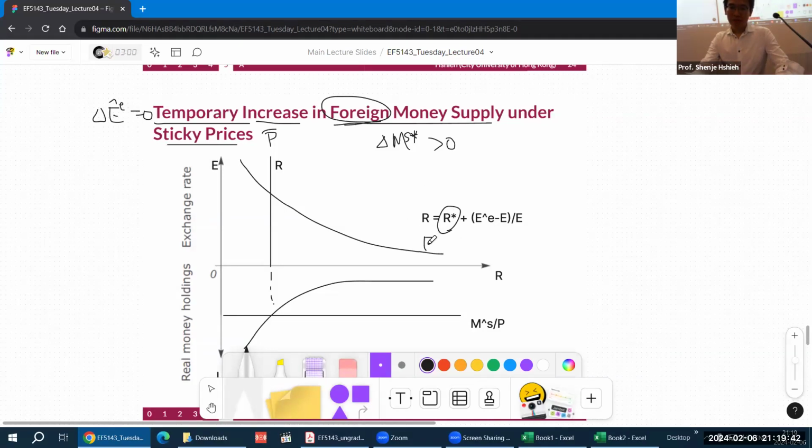We note that if R star is now lower, then R star prime plus the expected change in E has to be restored to parity. That's only possible if this term is larger, and that's possible if E goes down. So we must have E decreasing for any R. So the entire curve has to shift downward.